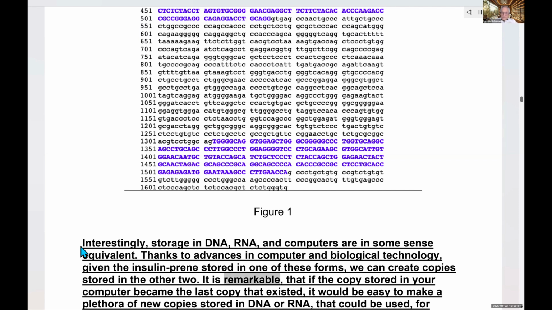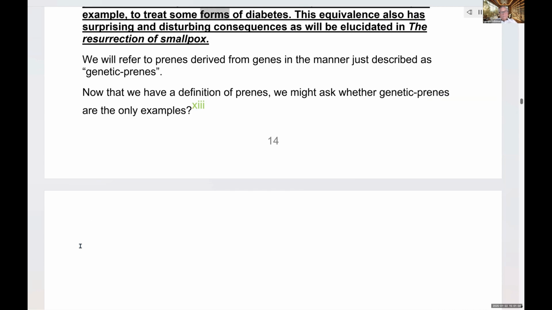It is remarkable that if the copy stored in your computer became the last copy that existed, it would be easy to make a plethora of new copies stored in DNA or RNA that could be used, for example, to treat some forms of diabetes. This equivalence also has surprising and disturbing consequences, as will be elucidated in the resurrection of smallpox.